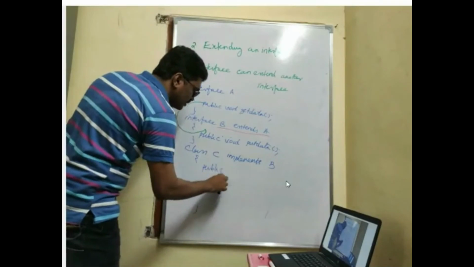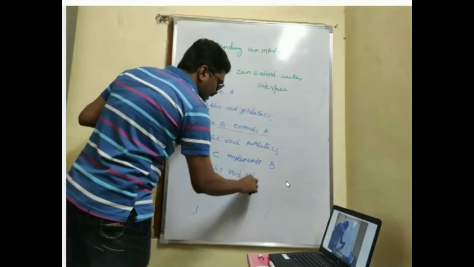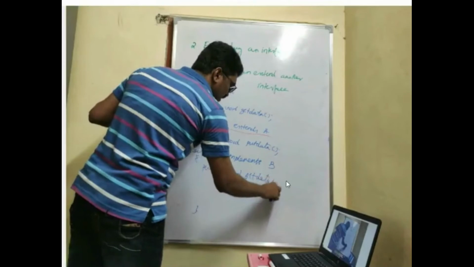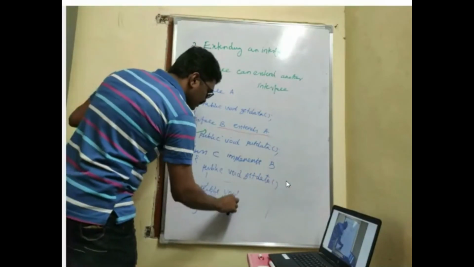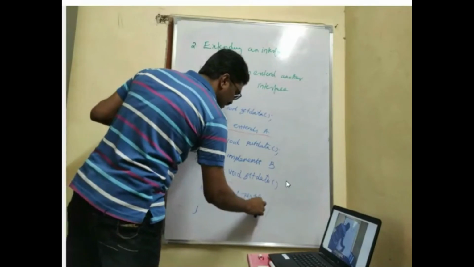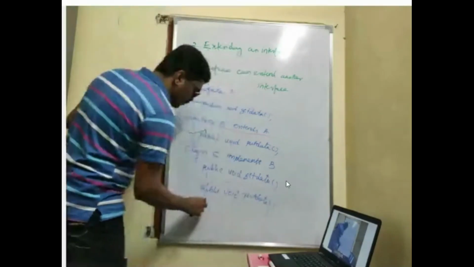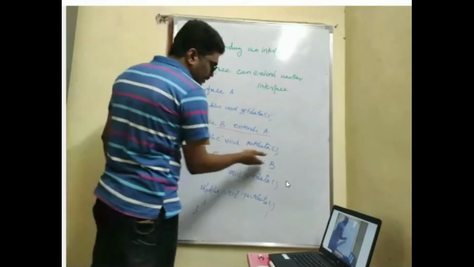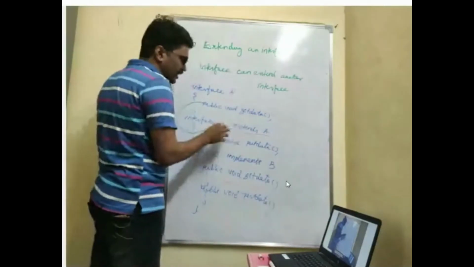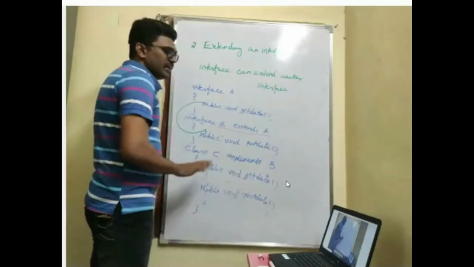So I write public void getData and write its definition. Similarly, public void putData. If I don't write for any one, then there is no usage. Previously, we wrote implements A, B, implementing both. If you implement B itself, it is sufficient.